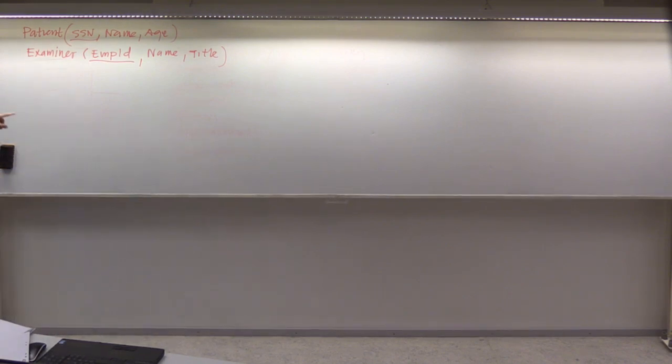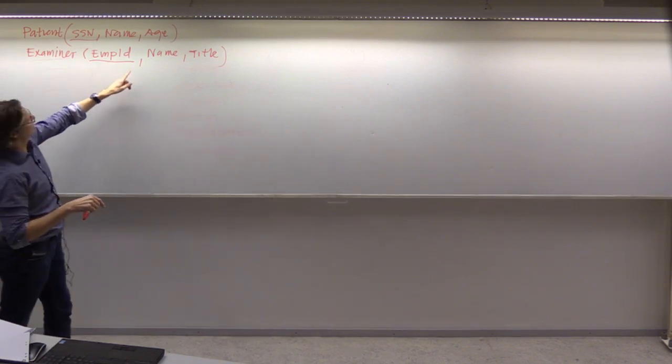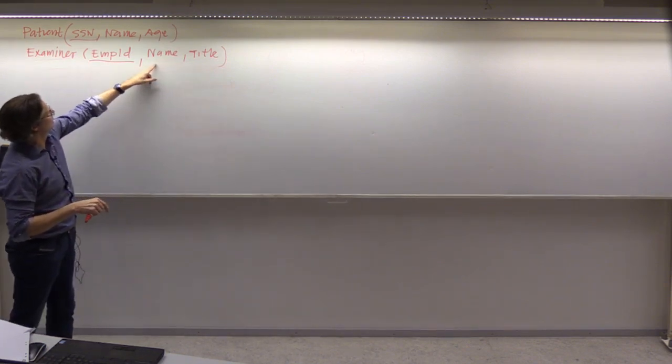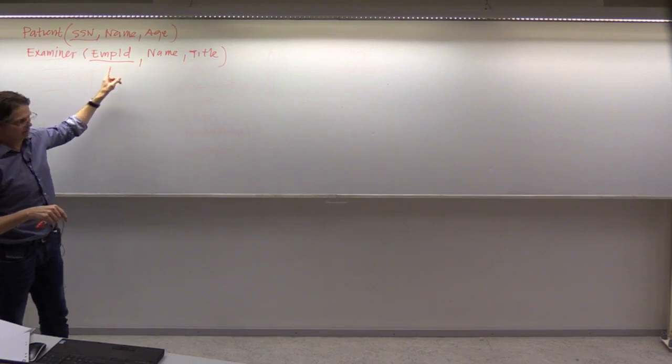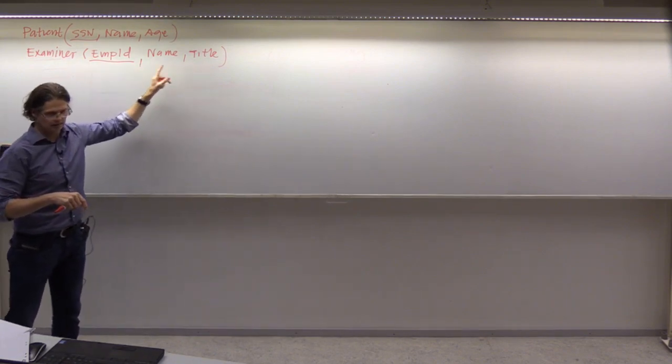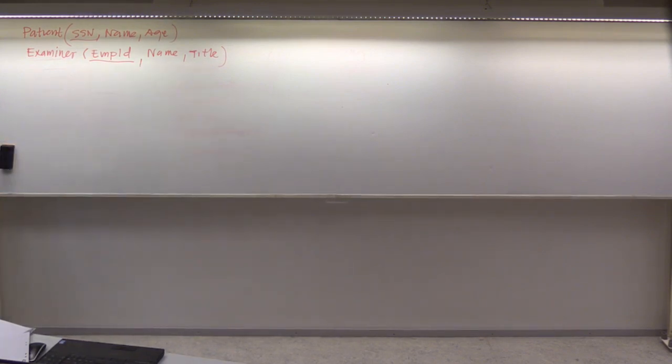But if we have a look at it from a normal form perspective, I think it's good enough. There are no dependencies among the non-key attributes, and they all depend on the employee ID. And there's that primary key. So I think we're okay here with that table examiner.